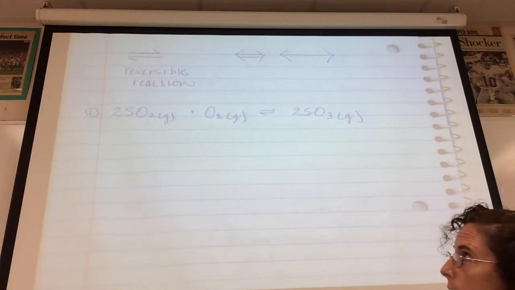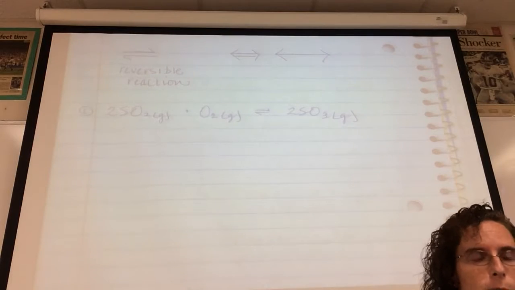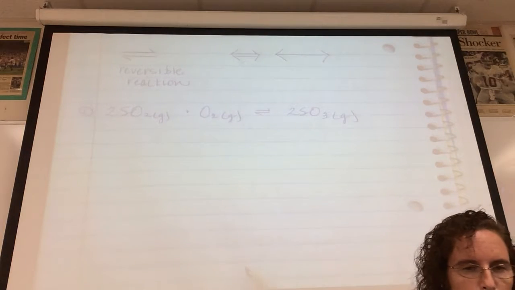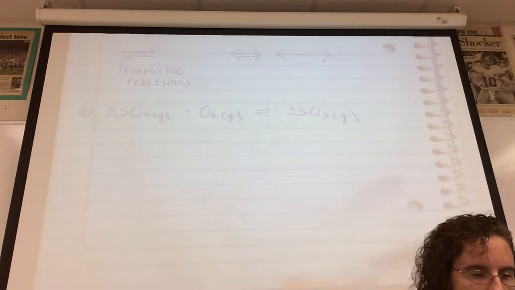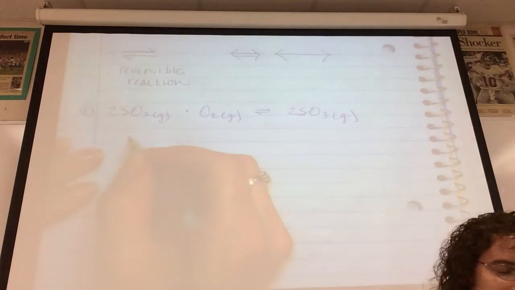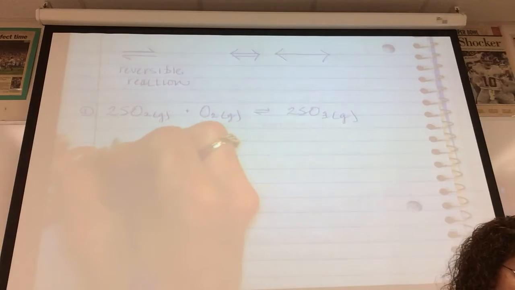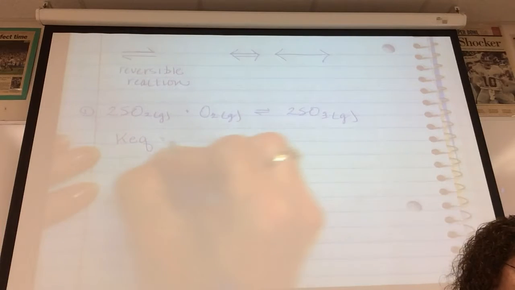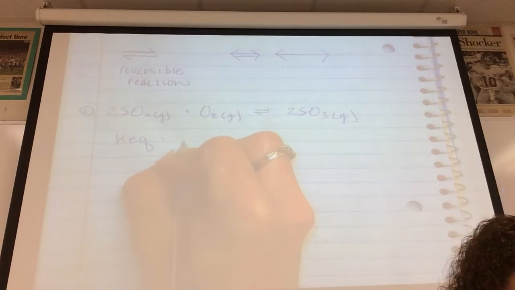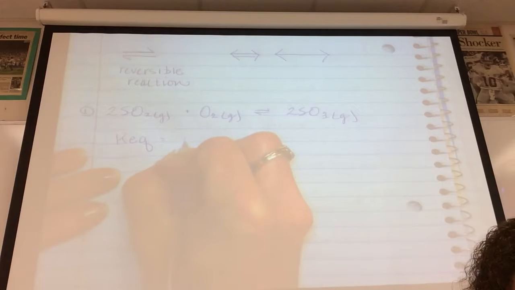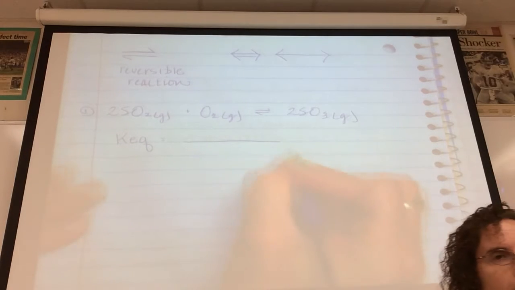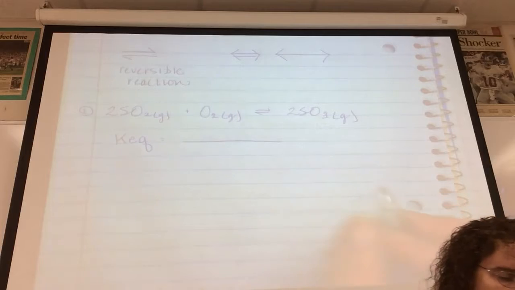Here's your reversible reaction. How do you know this is a reversible reaction? The double arrow. What it's asking you to do here is write the KEQ expression. You write KEQ. Don't forget the KEQ. K for constant, EQ for equilibrium. What goes on top? Product or reactant?